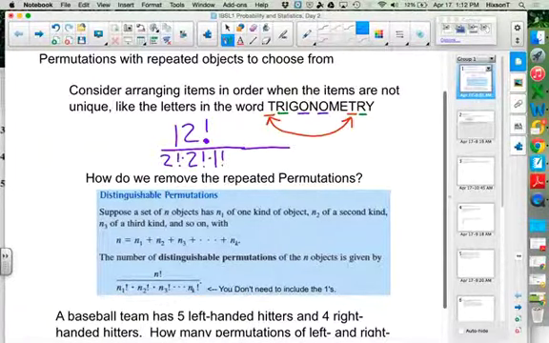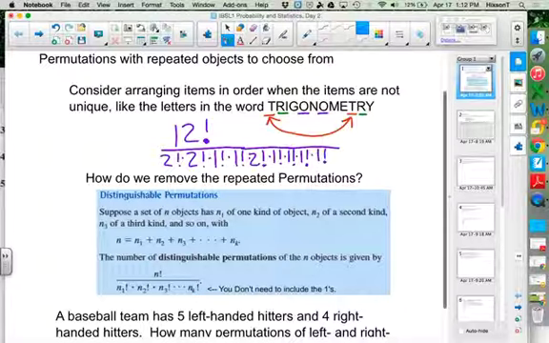It'd be 1 factorial times, how many G's? We only have 1 G, so it would be 1 factorial. We have 2 O's, so that's going to be times 2 factorial. There's only 1 N, so times 1 factorial. M, there's only 1 M, so times 1 factorial. There's only 1 E, so another 1 factorial. We already have the T, we already have the R, and there's one Y.